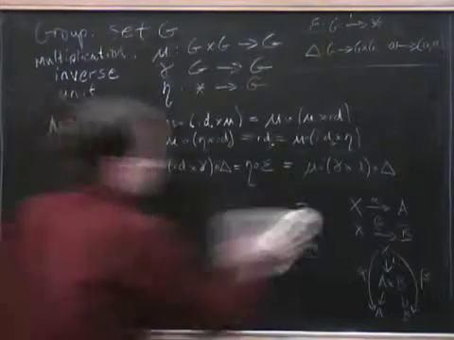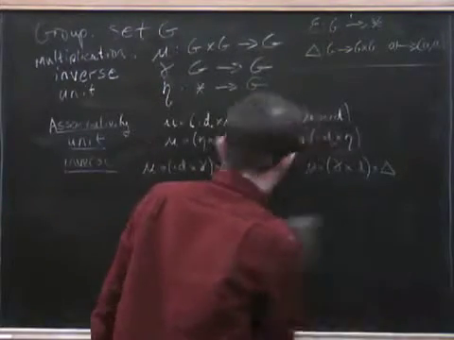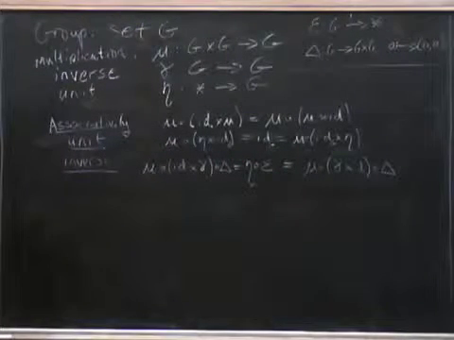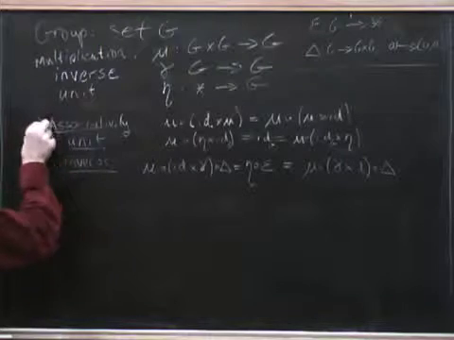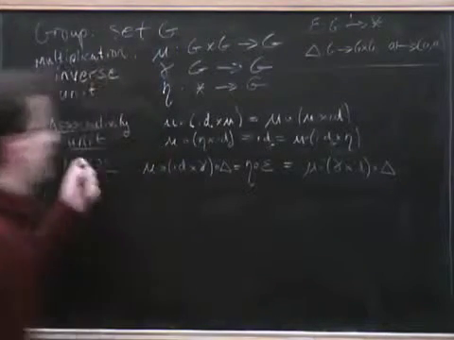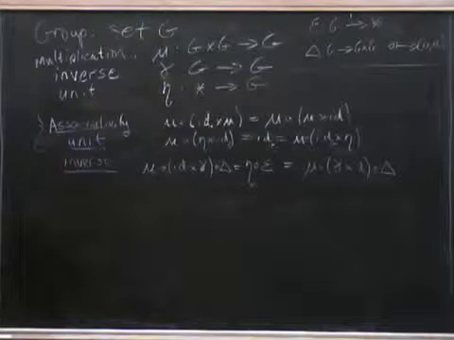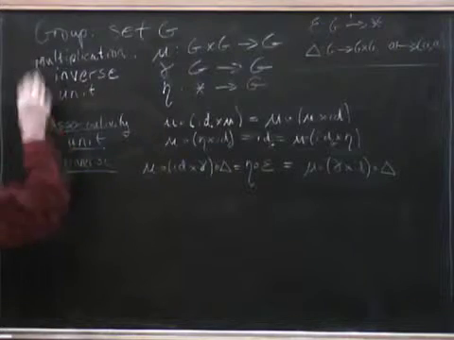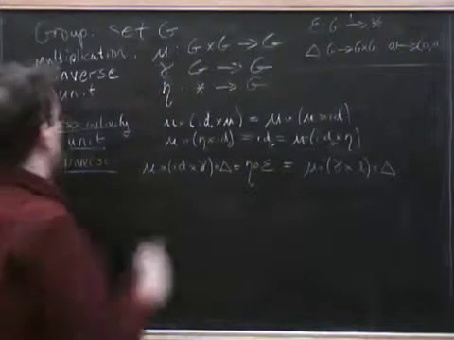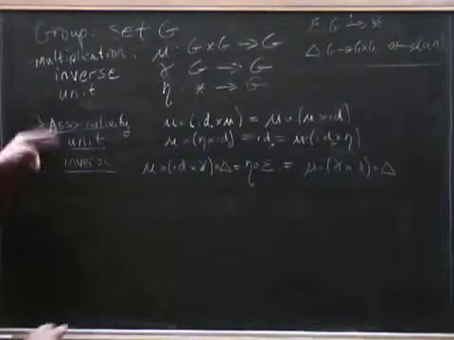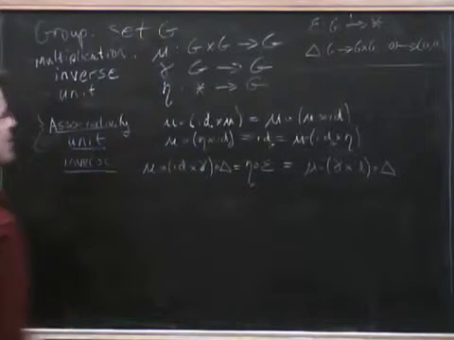So what else do I want to say? Another important thing to say is, if we look at these two things, the associativity and the unit axioms, we're going to take these two bits of data, satisfying these two axioms as they are.